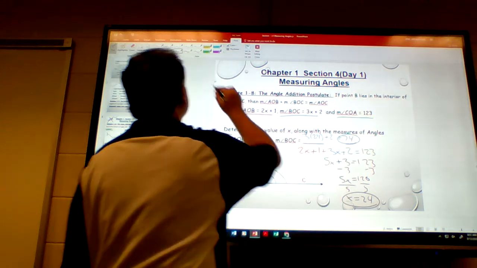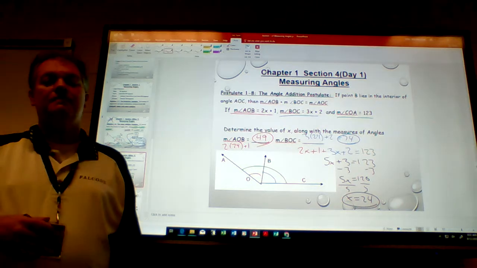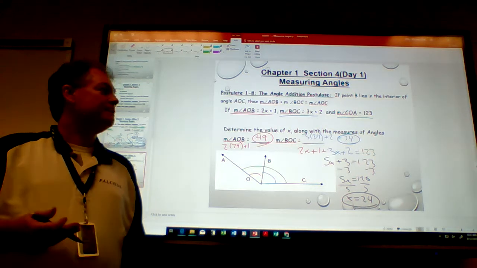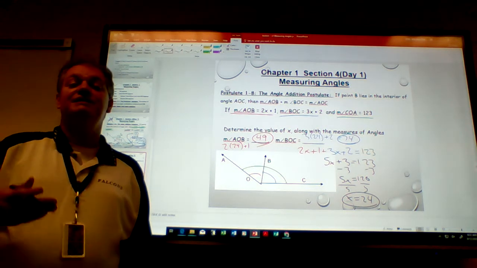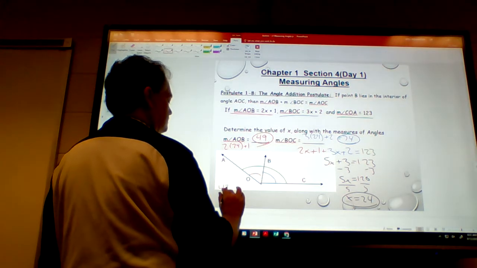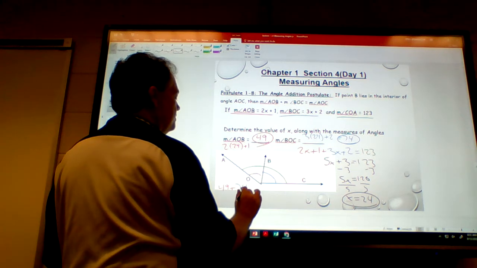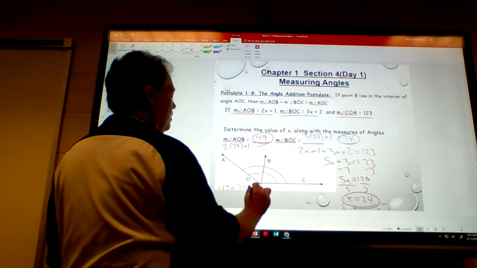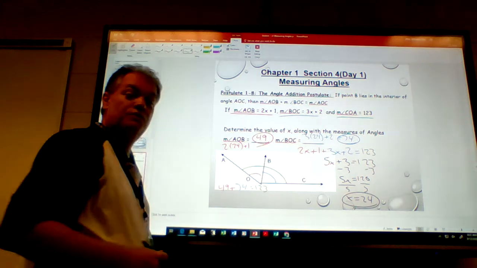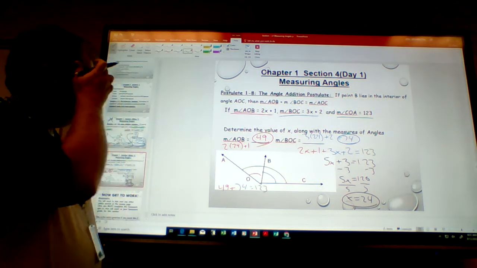And I'll circle that. Now, if you look at that, that kind of makes sense, but let's double check it. If I take 49 plus 74, I should get 123 degrees, which of course I do. So that's good. That's exactly what we're looking for.